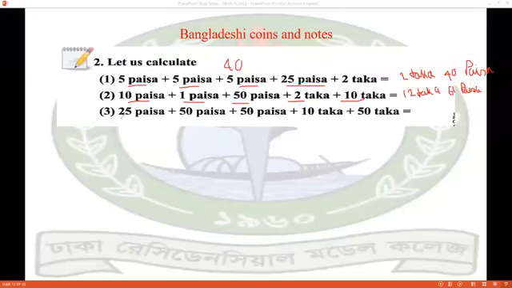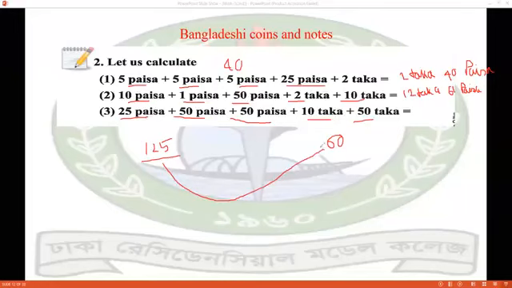In the third one, 25 paisa, 50 paisa, 50 paisa. We see that 25, 50, 50 means 125 paisa. And here 10 taka and 50 taka make 60 taka. But there is more than 100 paisa, so we can add 1 taka here. So here will be 61 taka and there remain 25 paisa.